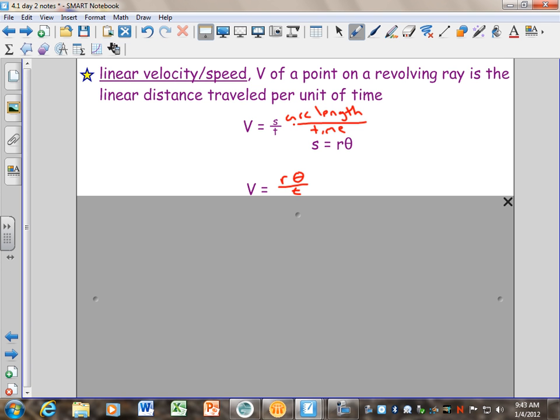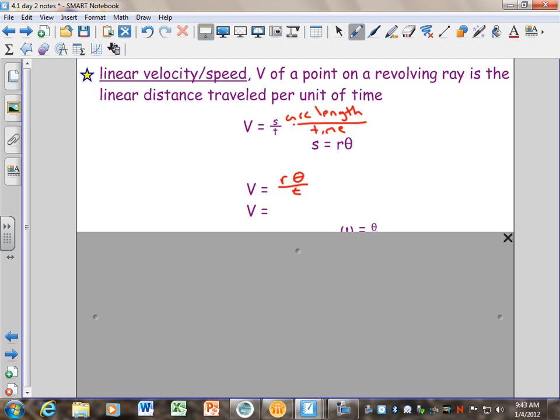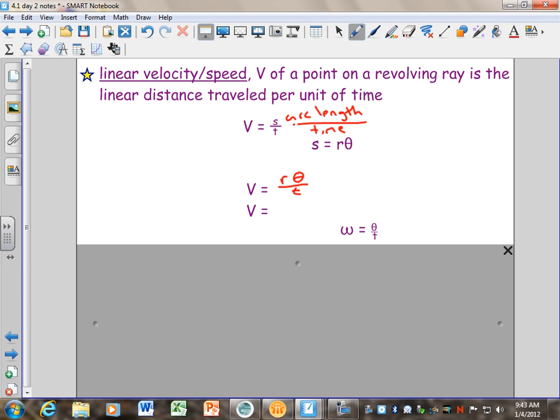And then maybe we could go a little bit further. We just said that angular velocity was omega equals theta over time. So technically, could I group this together and say this is the same as r times omega?